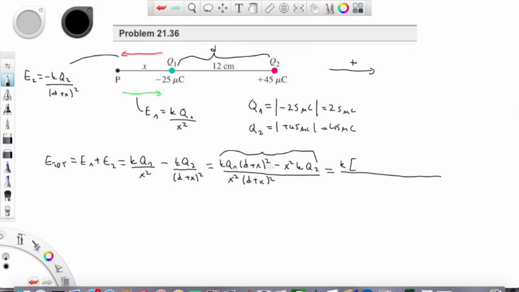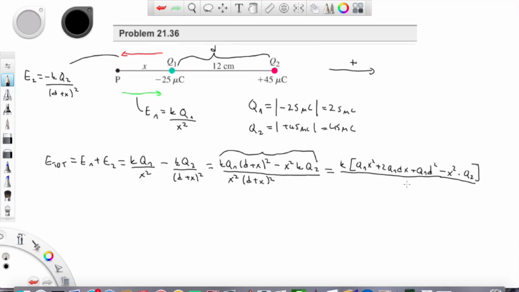And then we expand this term, so it's going to be q1 times x squared plus 2 times q1 times d times x plus the last term, d squared times q1, so q1 d squared, and from here we get minus x squared times q2.